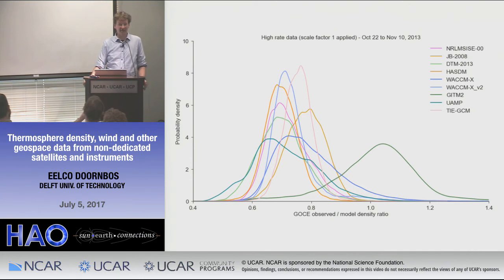Basically, the US Air Force is already doing that with their HASDM model, but I think there's no openly available alternative yet. So we have actually made a proposal to the European Union. Unfortunately, this week I found out that it was not granted. So we have to look for other sources of funding for that.